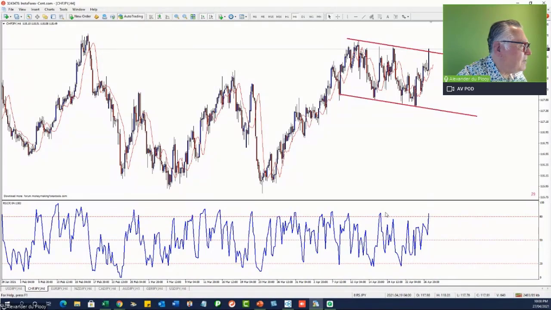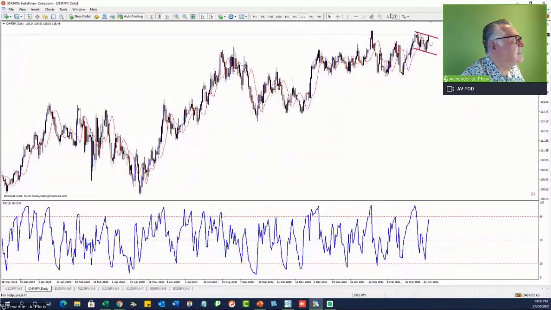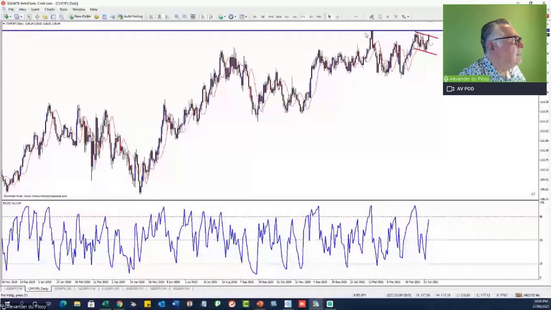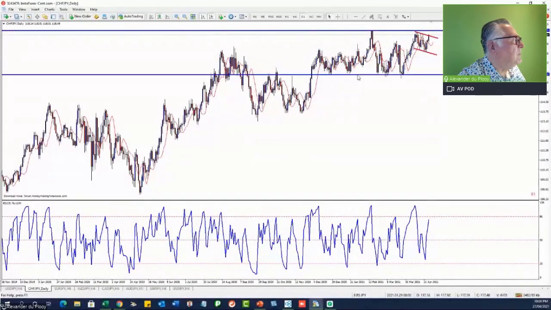It's going to the reversal area on the RSI. Now this is the most unlikely sell that you'll ever see, but I like it for a sell. Let's just go down to daily. Yes, there's resistance at the top, and there's a bit of room to the bottom.